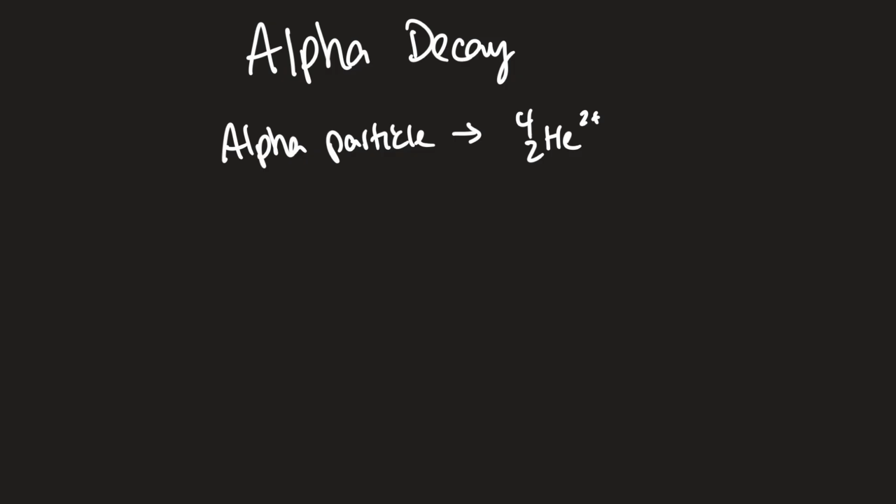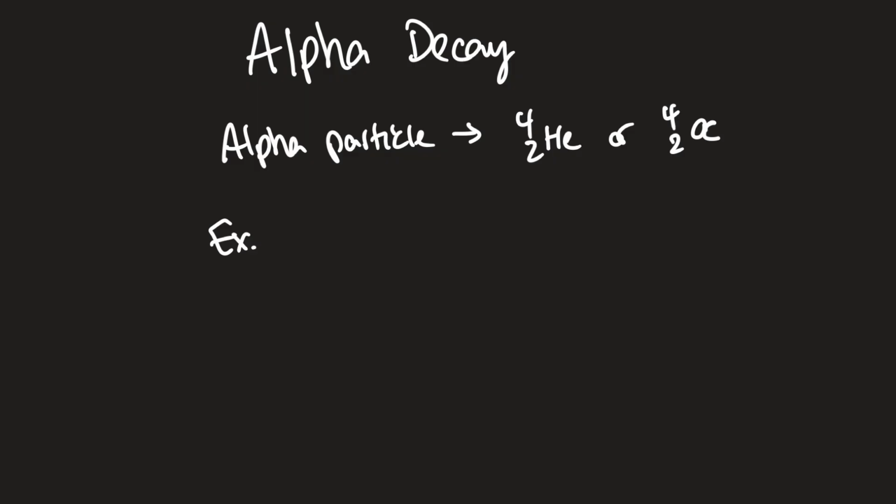Most times we do not include the charge with it. In other words, we typically write it as a 4 2 with the alpha symbol. An alpha particle is released, or emitted. Let me show you an example of how this looks.